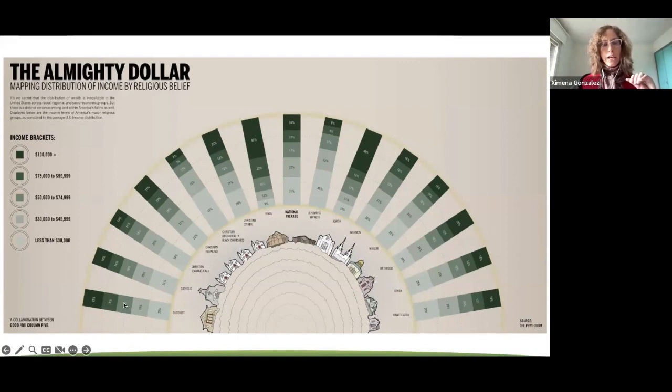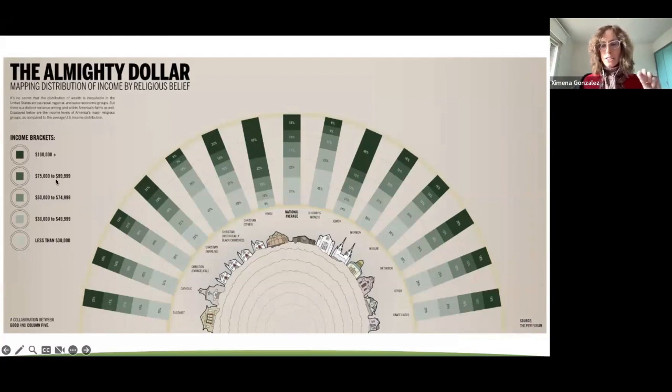Within each of those groups, how is income distributed? The top part, which is darker, represents the wealthier individuals in each group, an income bracket of over $100,000 US. As it gets lighter, it's people who earn a little bit less, more like us, right? We would be in the lighter groups.